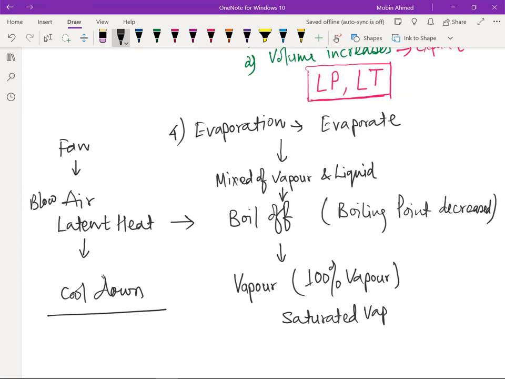Now the word which has come, saturated vapor, we'll talk about this. Again, it will go to the compressor, which is going to compress. Then again, it is going to repeat the same way. So this is the cycle that will follow. So what we have seen is this is the basic one.